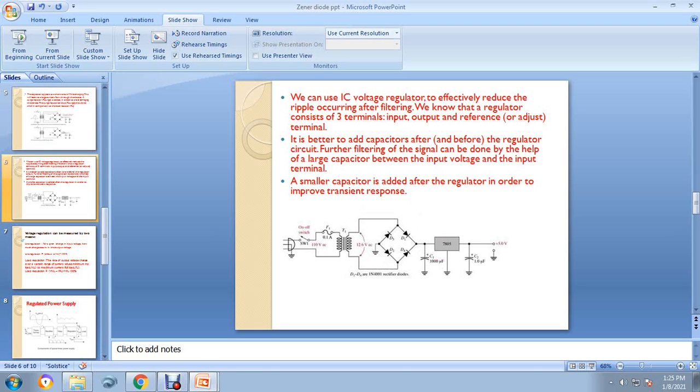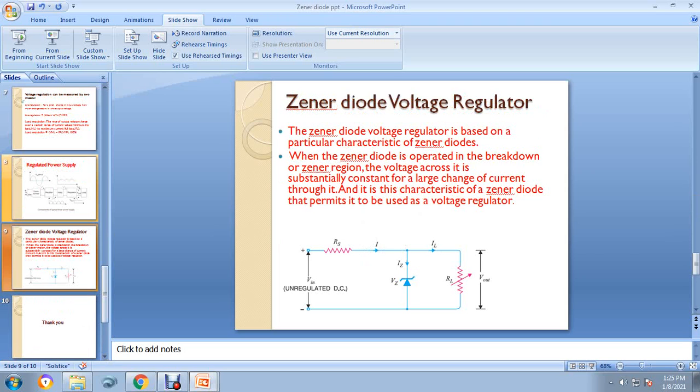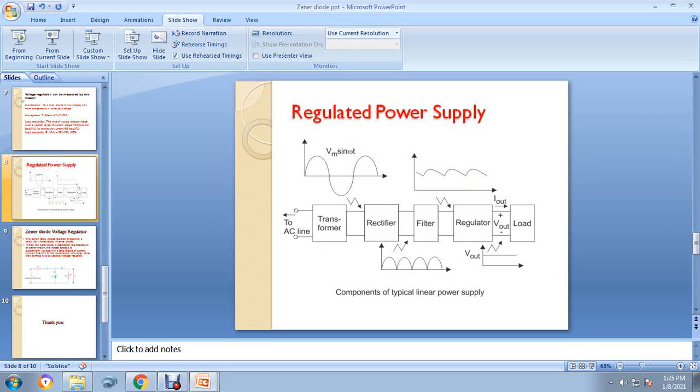So what happened? Let us look at this regulated power supply. First we use a transformer to step down, using the turns ratio, and next we use one or two diodes, which act as a rectifier to convert this voltage into only positive half cycles at the output.